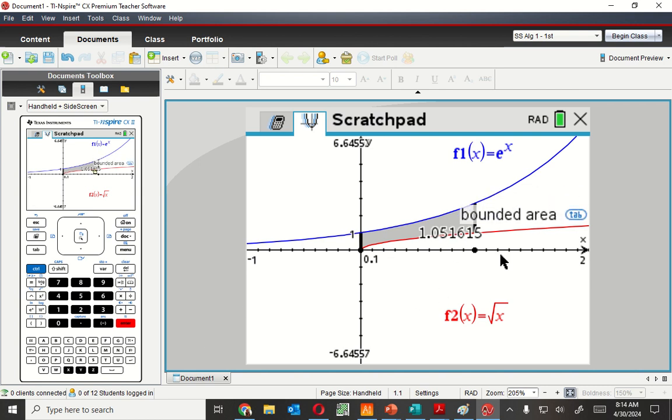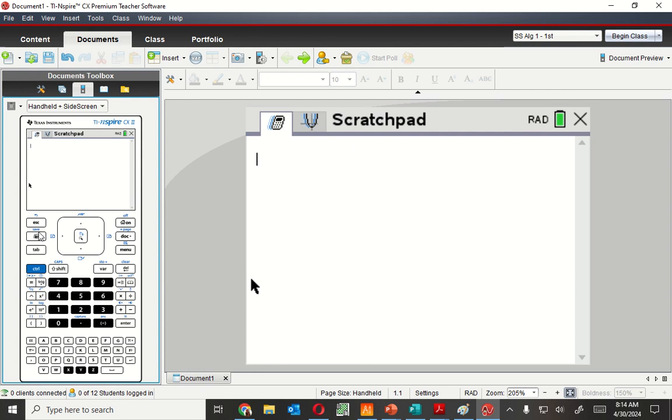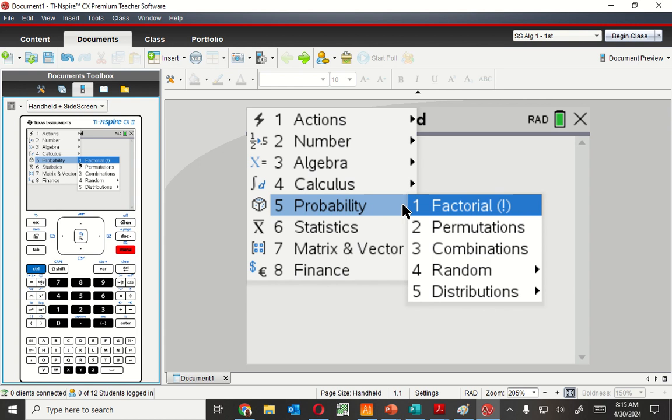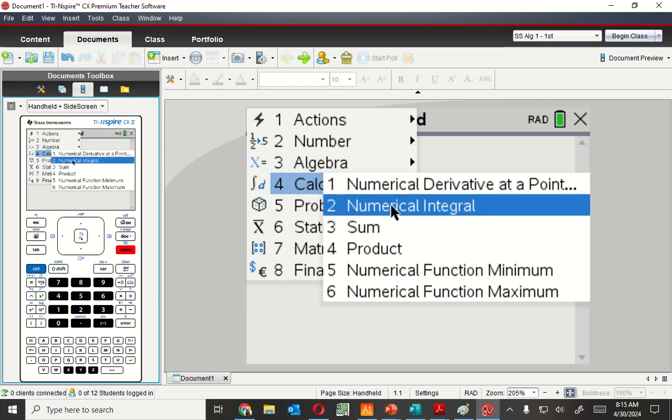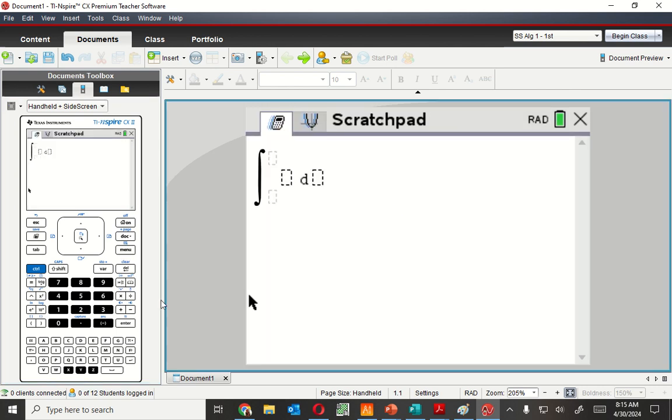All right, so that's with that graph, and then let's go out here. On yours, it will be menu, calculus, and numerical integration. Actually, you have more options on yours, but numerical integration is going to be the same.